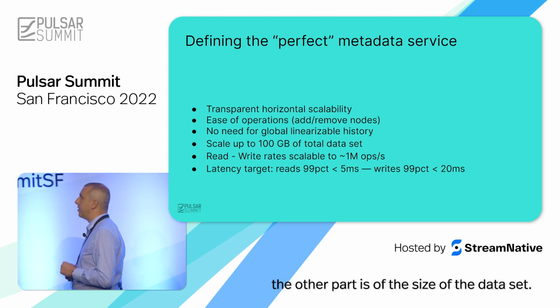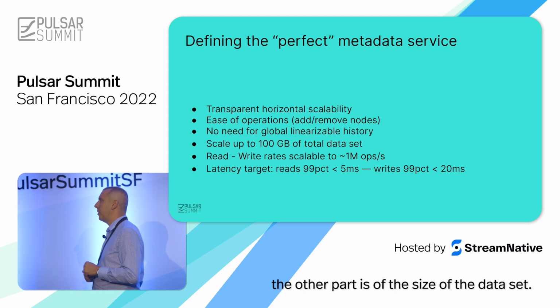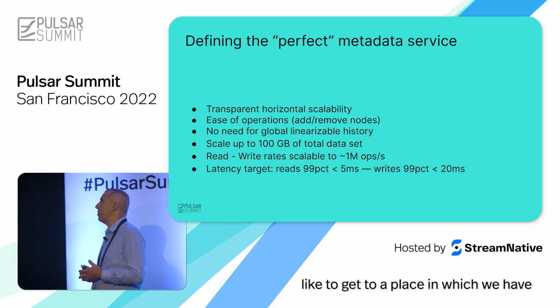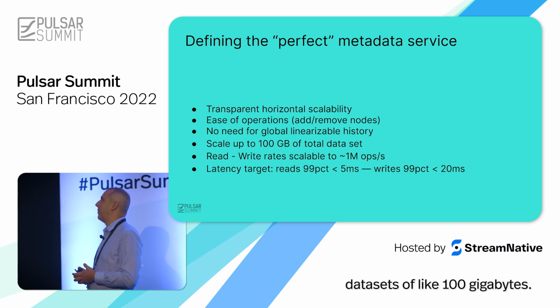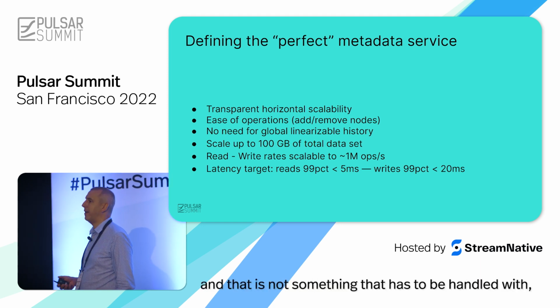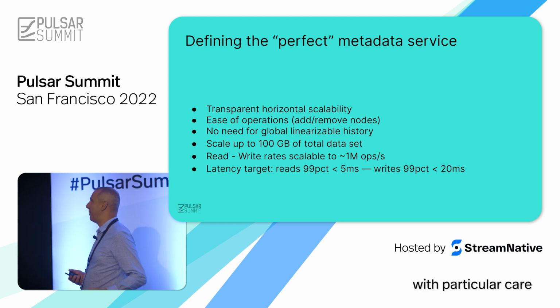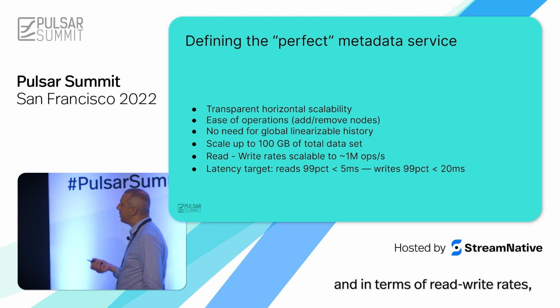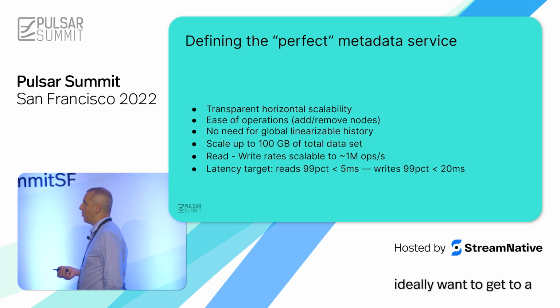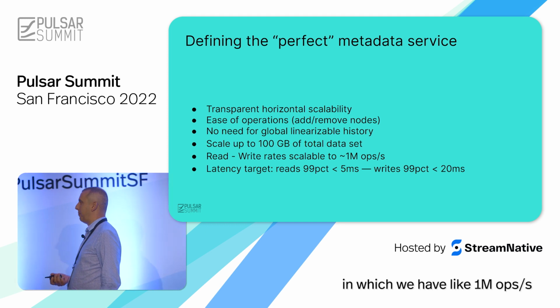The other part is the size of the dataset. Ideally, we would like to get to a place where data sets of around 100 gigabytes are normal and not something that has to be handled with particular care. In terms of read-write rates, we ideally want to get to around 1 million operations per second.